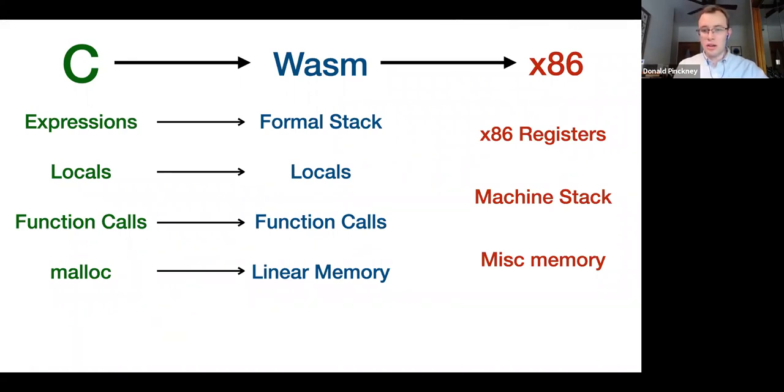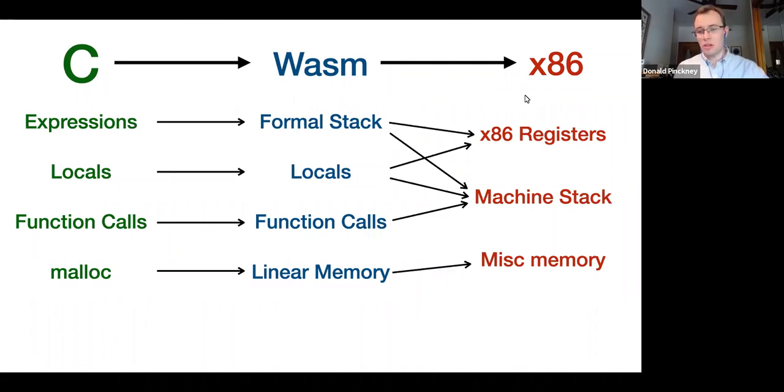And then these things in WebAssembly are typically compiled in a JIT fashion to x86 machine code in Wasmtime, for example. The detail to keep in mind here is that the formal stack in Wasm is a virtual stack, in the sense that it acts like a stack semantically, but some things on the stack will actually be allocated into machine registers.